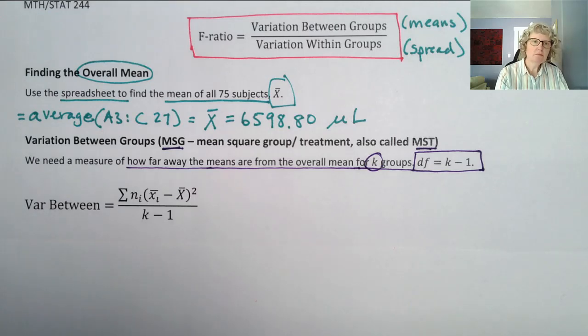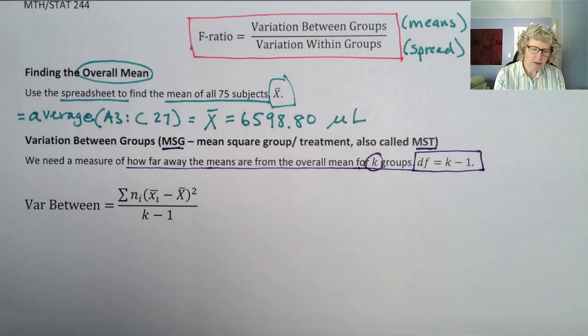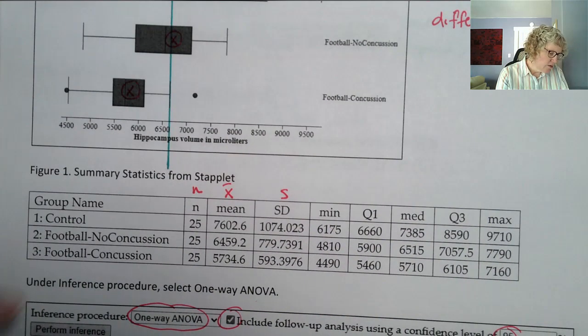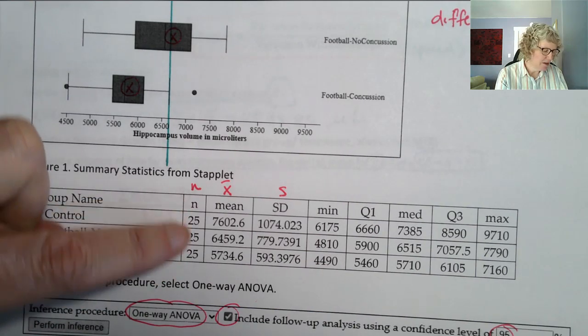The formula looks more daunting than it is, so let's just do this. We're going to do it for each term, so I'm going to make sure I have space to write out all 3 terms here. So our first n, so n sub i. Now, it's really nice that all 3 groups are 25, so that will make it a little easier.